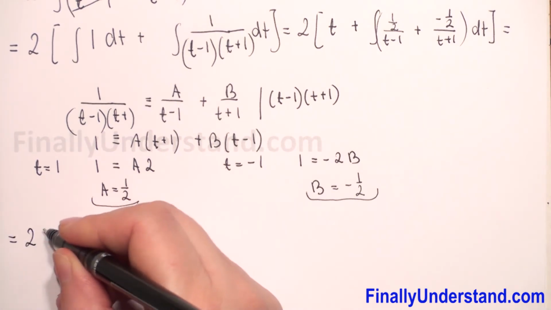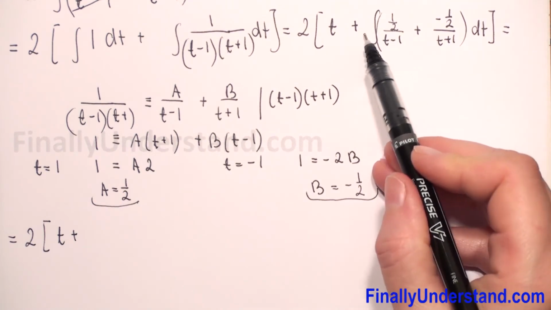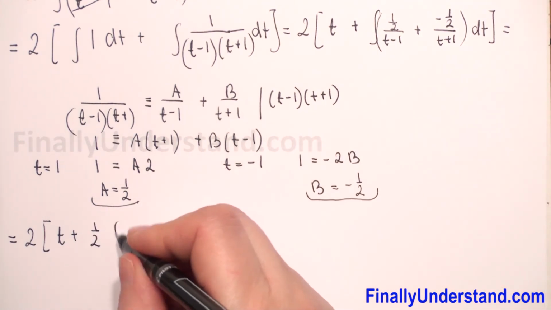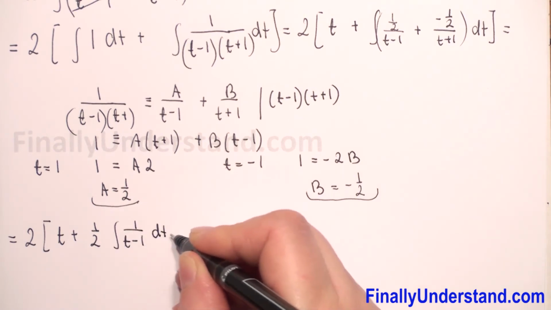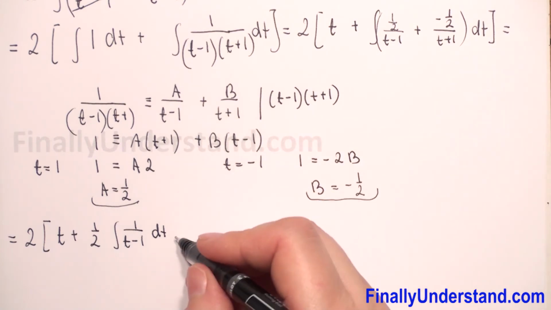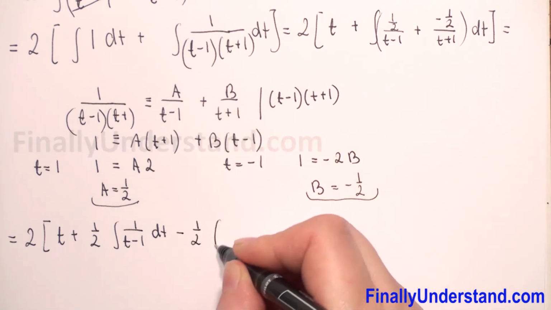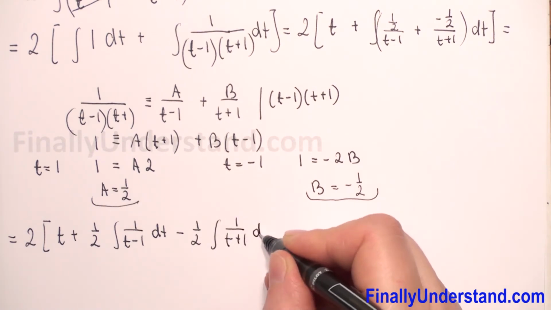We have to copy 2, and we have t plus constant we will take before integral, so we will have 1/2 and integral of 1 over t minus 1 dt. Positive and negative give me negative. Will be 1/2 integral of 1 over t plus 1 dt.